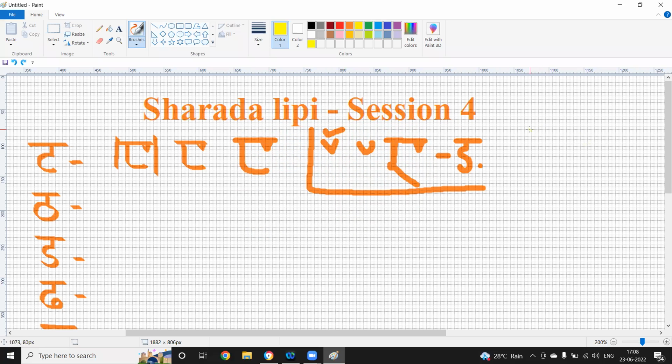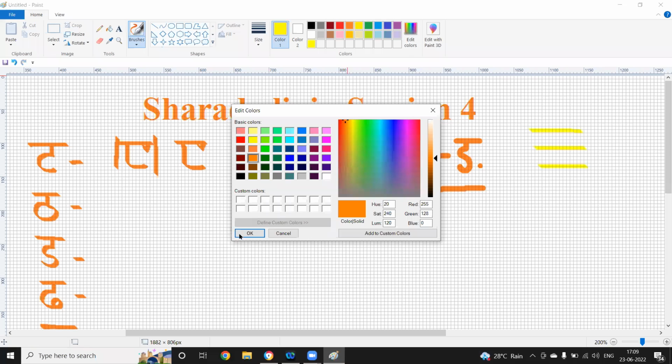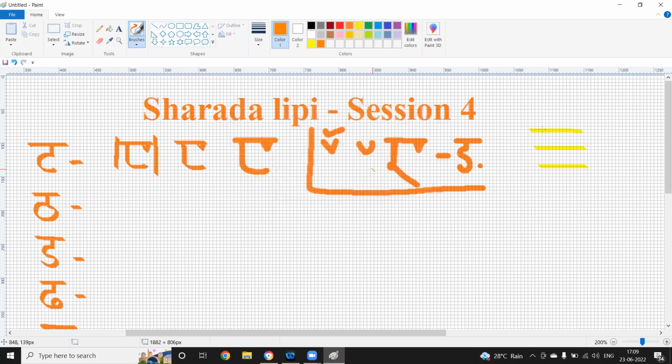So if you're drawing it in a 3-line notebook, we start from the top one here, draw the Shirorekha, and from the left, this is where it will end, and the small triangle will attach here.